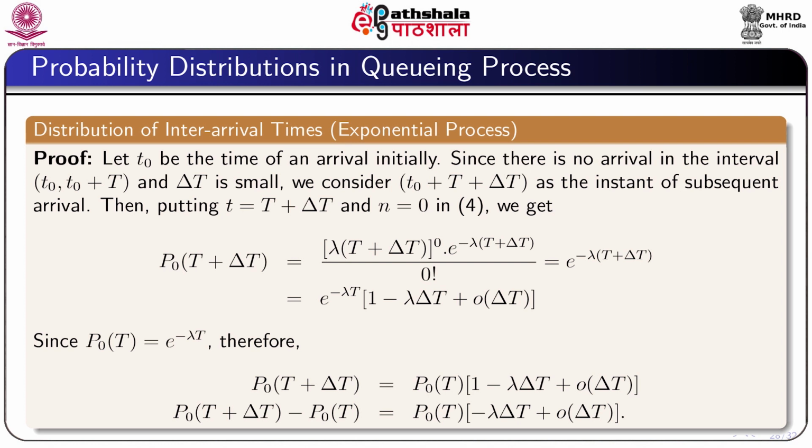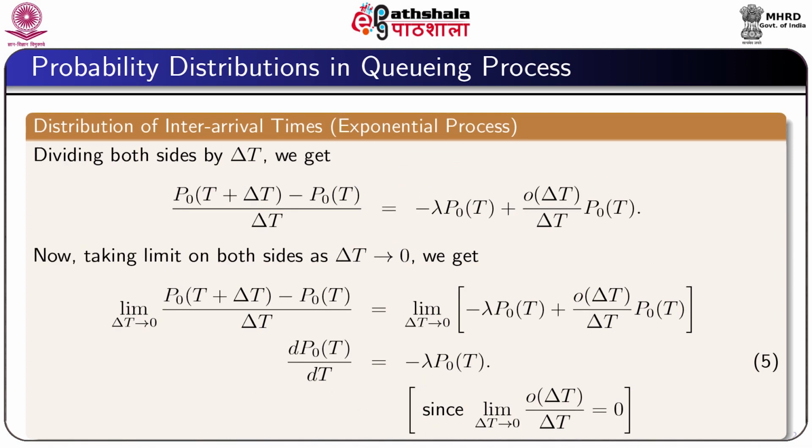Since P0(T) is equal to e to the power minus lambda T, we can write P0(T plus delta t) is equal to P0(T) into 1 minus lambda delta t plus order of delta t.